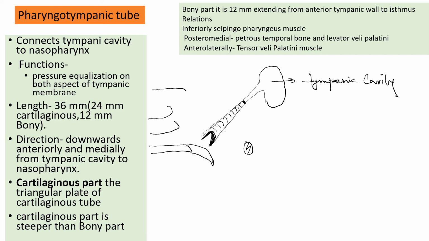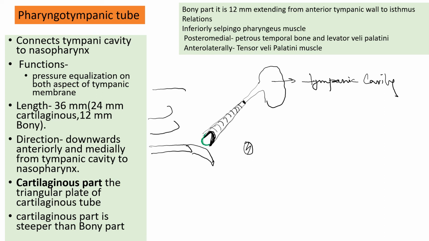Then this tube, as I've said, the medial lamina is thick, the lateral lamina thin. This anterior and lateral part is thin, and this posteromedial part is thick, and if it is deficient, then in that case it is completed by the fibrous tissue.